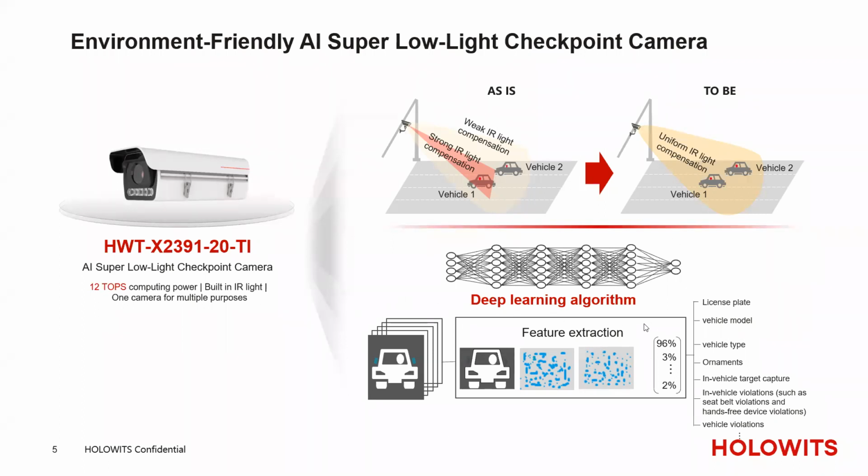Like we can detect the car's features, like the feature instructions, like the license plate, vehicle model, vehicle type, ornaments, in-vehicle target captures, like the in-vehicle violations, such as the seatbelt violations and the hands-free voice violations and the vehicle violations. We use our deep learning algorithm to detect all these behaviors.